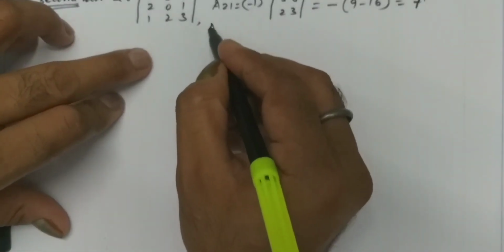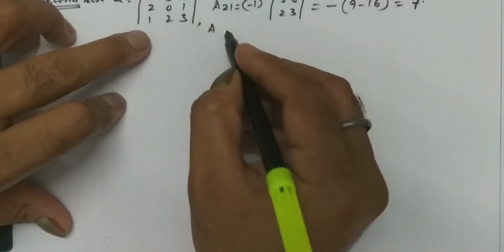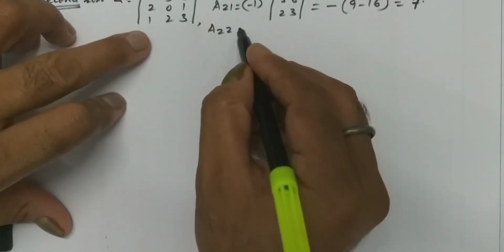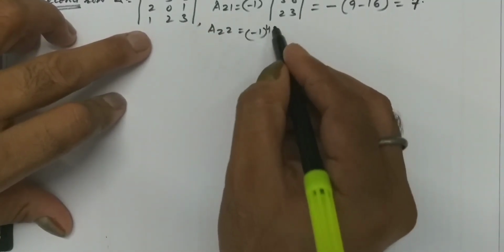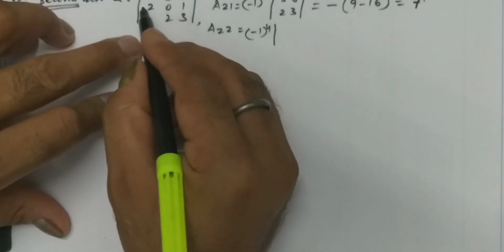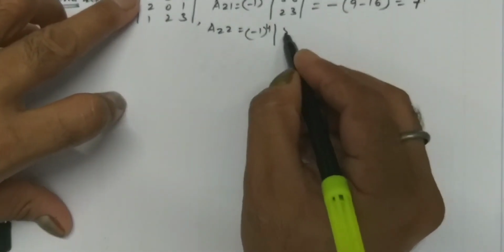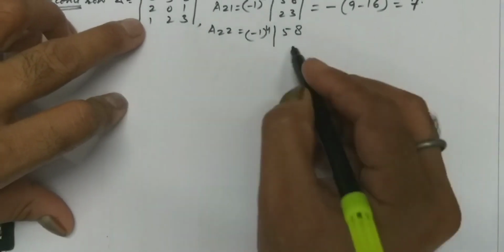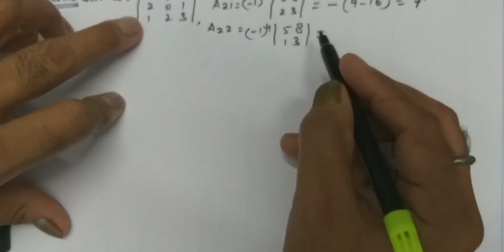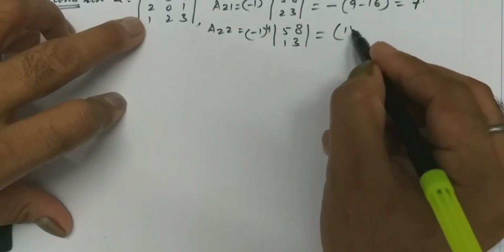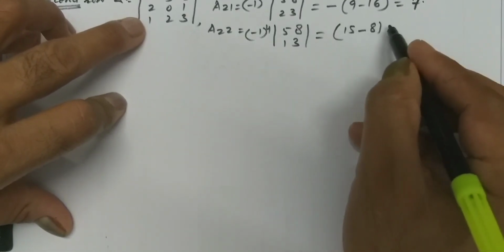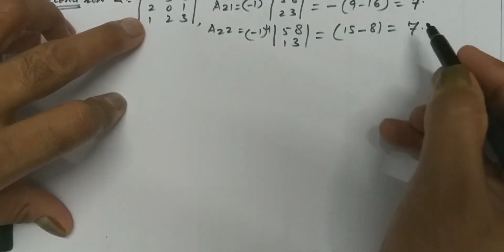Second is A22, which is equal to minus 1 to the power 4. A22 is 0, so leaving this way 5 8 and 1 3, which is equal to minus 1 to the power 4, positive, so 5 3s are 15 minus 8, 7.